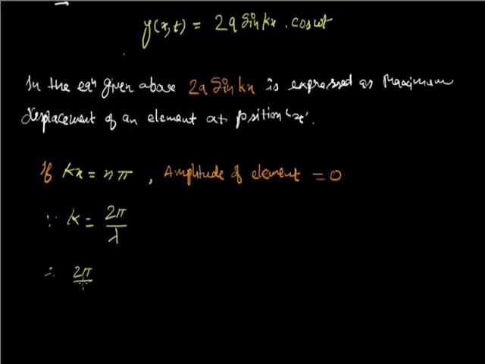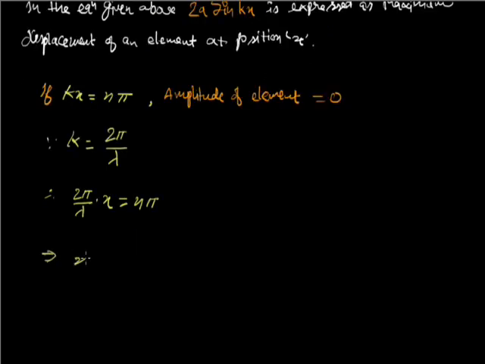Then 2 pi upon lambda multiplied by x will equal n pi, and that will give the value of x in terms of lambda, which is n lambda by 2, where the value of n will be 0, 1, 2, 3, 4 and so on.